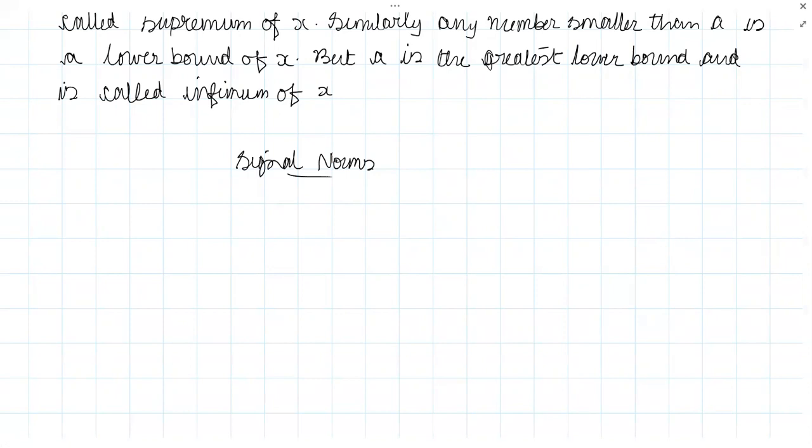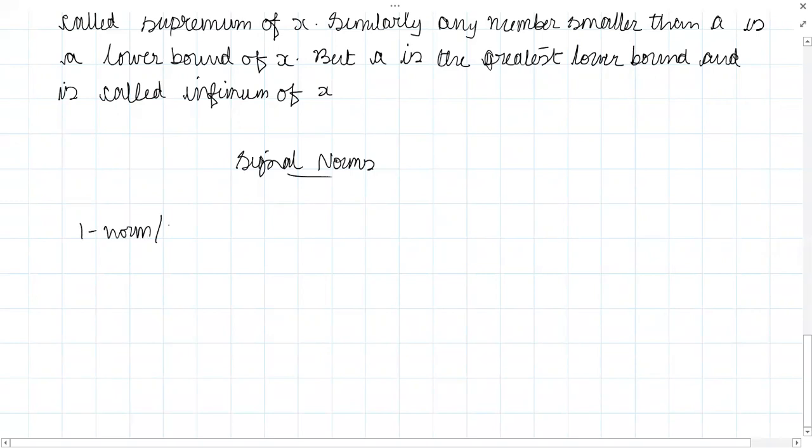The first one is called the one norm or L1 norm. That is the integral of the absolute value. These things may seem boring, but unless we understand this, we cannot proceed further.